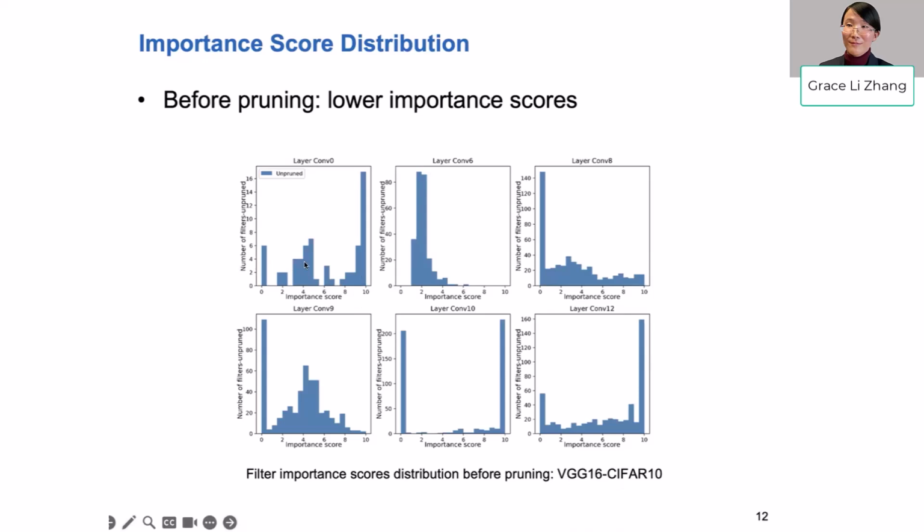Before pruning, you see, for example for this layer, many filters are important for only a small number of classes. For example, a lot of filters are important for only 1 or 3 or 2 classes. And different layers have different characteristics. For example, this layer's filters are important for no classes or for many classes.